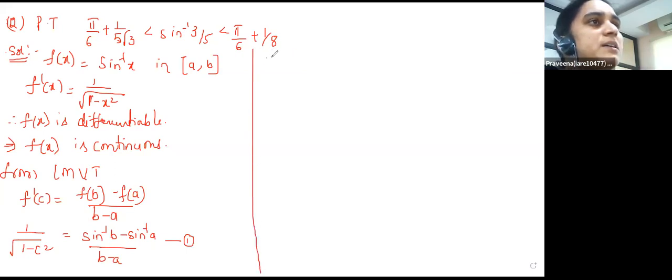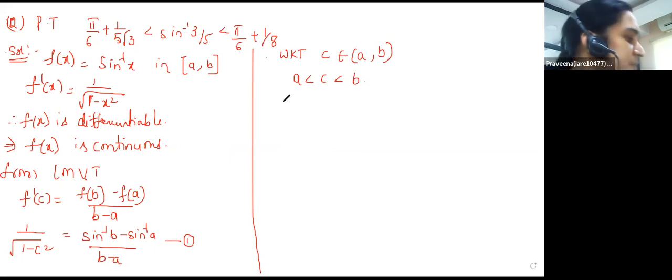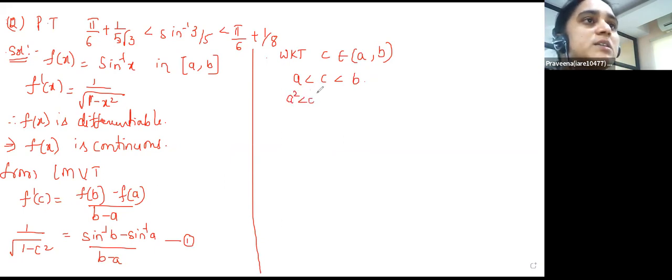We know that c belongs to (a, b), so a is less than c is less than b. Squaring both sides, a square is less than c square is less than b square.